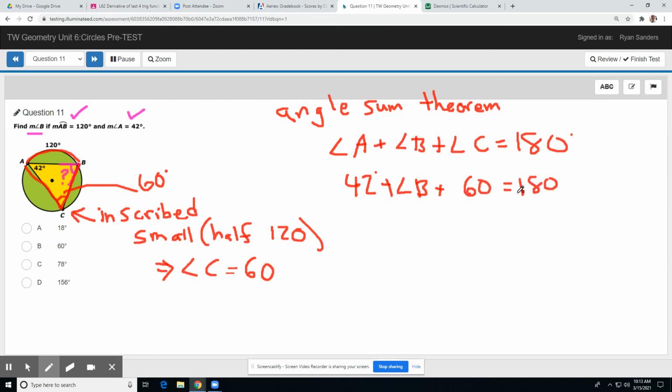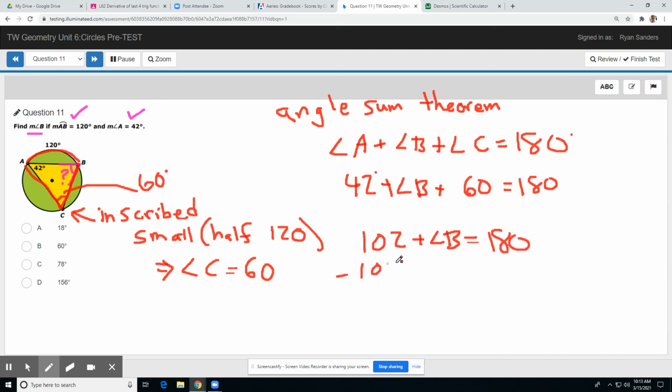Addition is commutative, so it doesn't matter what order you do these in. I'm going to go ahead and add the 42 and the 60. That gives us 102 plus our angle B is equal to 180.